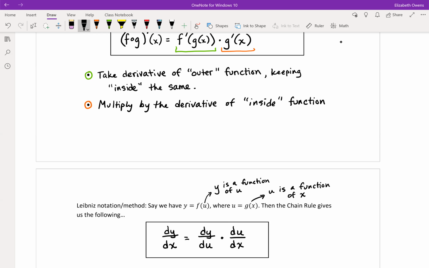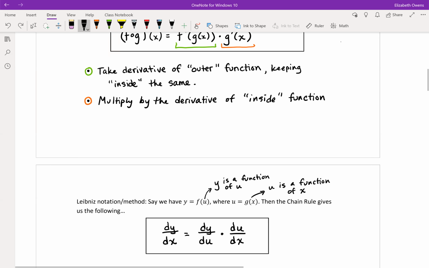Now, some people like this way of writing the chain rule because it almost looks like these are little fractions. They're not really fractions per se. The du, dx, dy are actually things called differentials, which we're going to look at in section 3.9. But it kind of looks like the du's would cancel out, quote unquote, and so that's how you get dy dx. So that makes this notation kind of memorable.